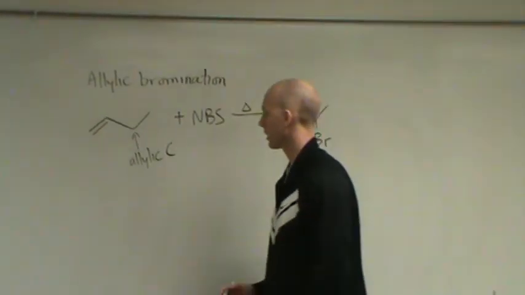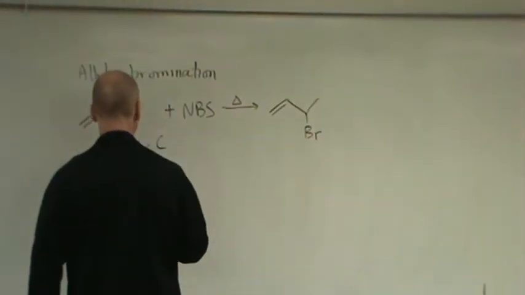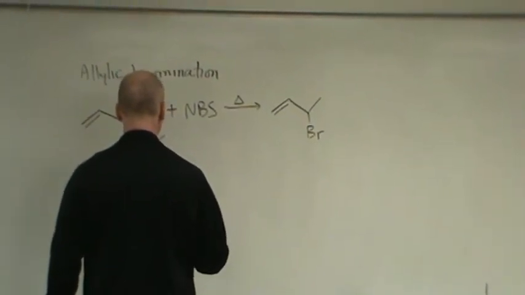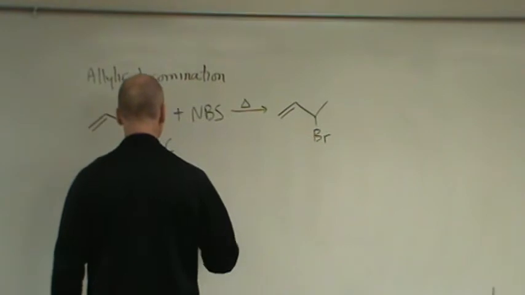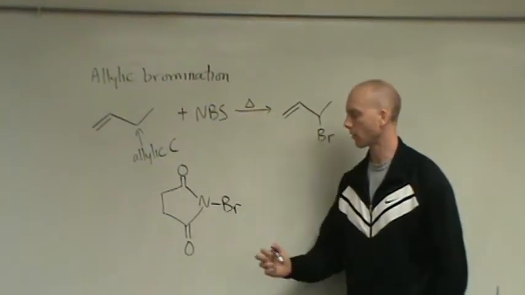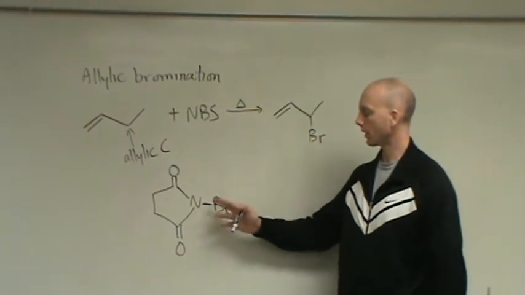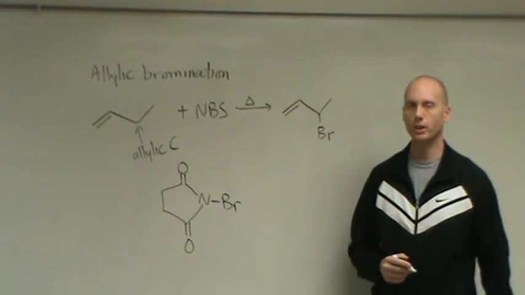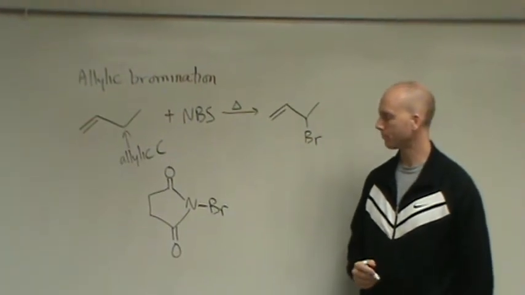The structure of NBS is this thing here, where the bromine is on the nitrogen, so that is what gets transferred to the allylic carbon.